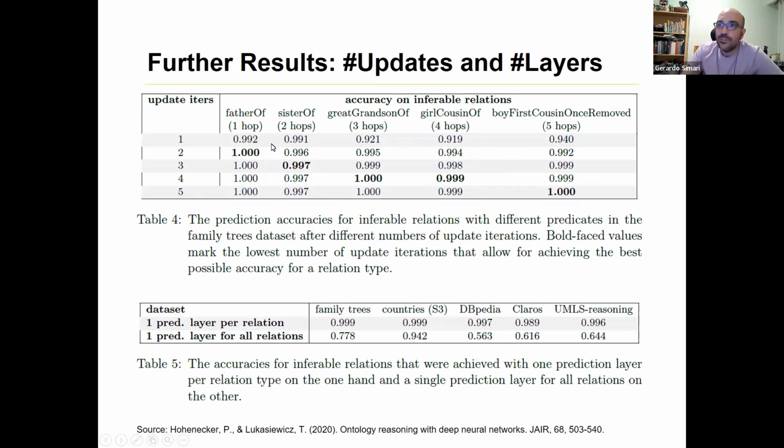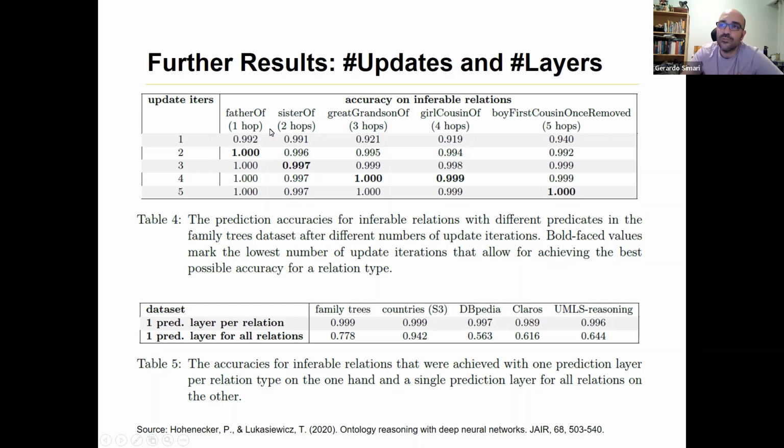Last couple of experiments where they vary the number of update iterations to see if they can get away with doing less, and also the number of layers per relation. I mentioned this briefly, and you can see that different kinds of relations require what they call hops, the inference steps that you have to do.